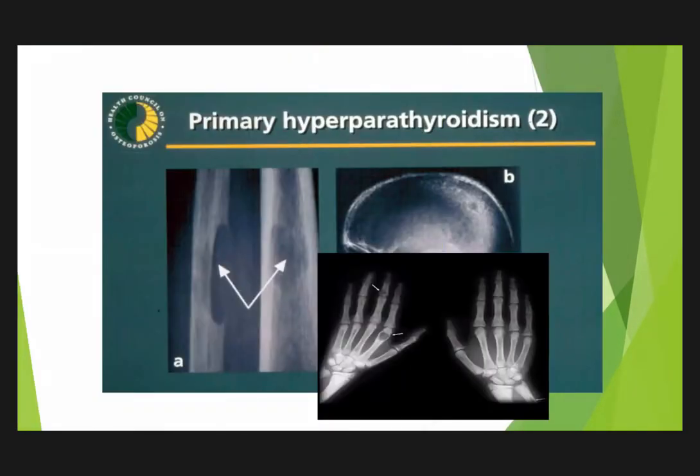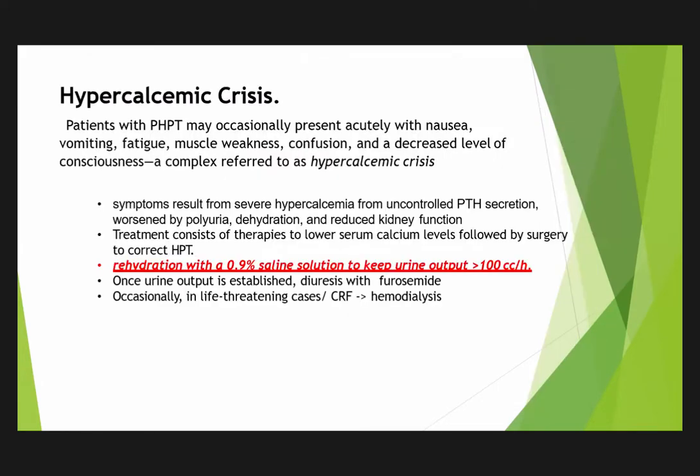So, severe bone resorption. There is one emergency situation in this condition. It is called hypercalcemic crisis. Patients with primary hyperparathyroidism may have, if the level of calcium increases more than 10, or if ionized calcium increases more than 14 actually, a hypercalcemic crisis.